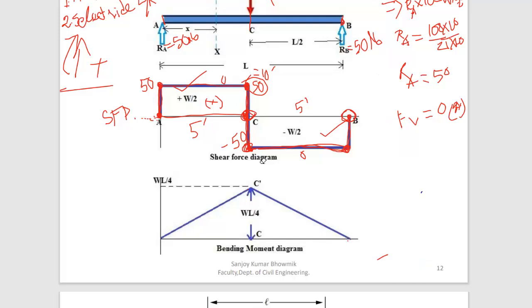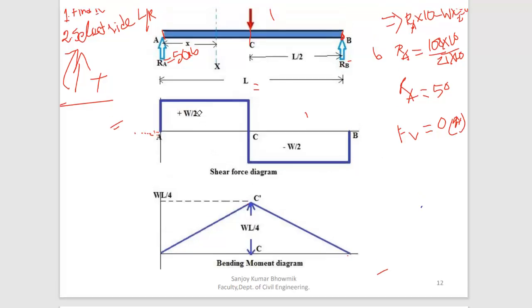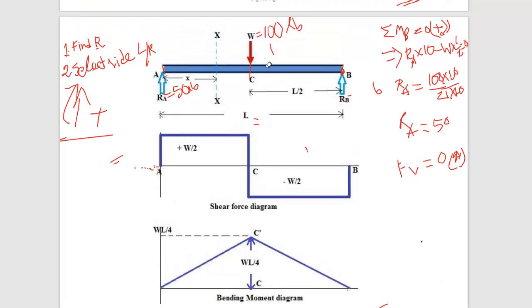If you consider W instead of the load 100, you can see that the shear is W by 2. So if W is 100, here we find the shear is 50. Very simple. Simply, the formula generated here, shear would be W by 2. So if W is 10, shear would be 5.